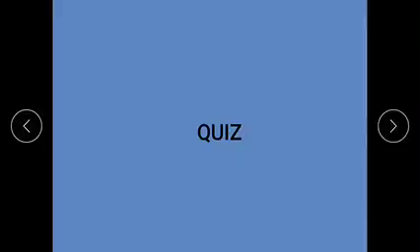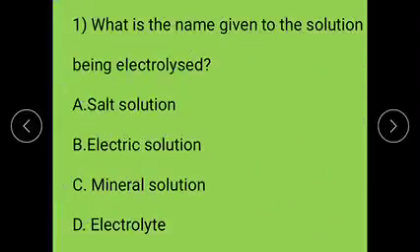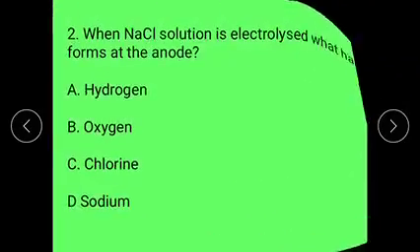Now let us see some questions on this. What is the name given to the solution being electrolyzed? Salt solution, electrolytic solution, mineral solution, electrolyte. The right answer is electrolyte.